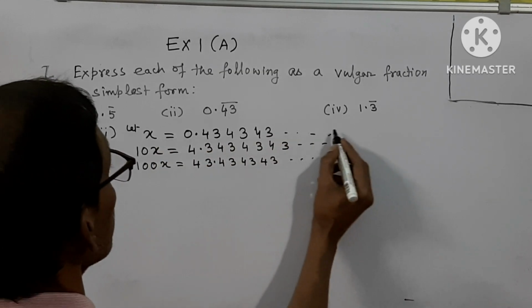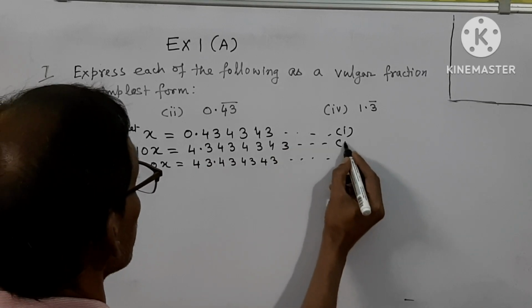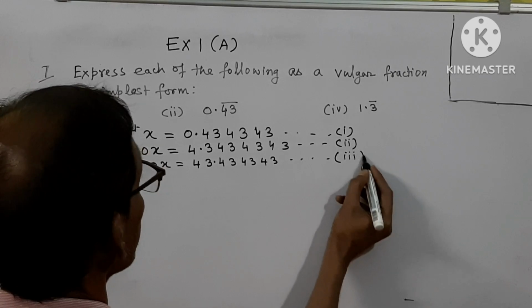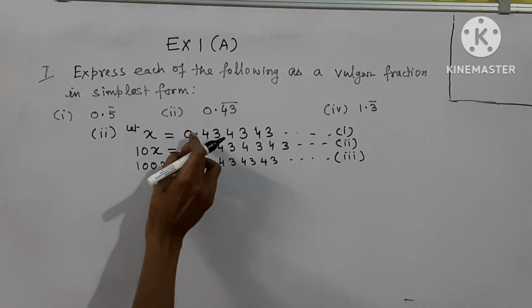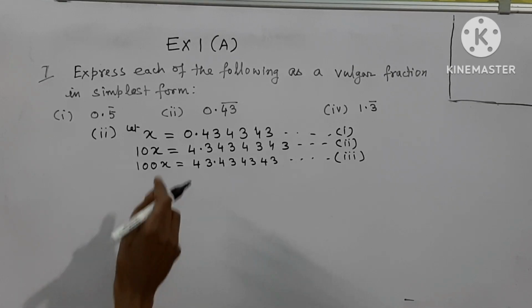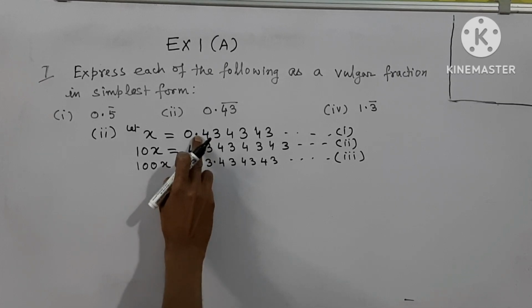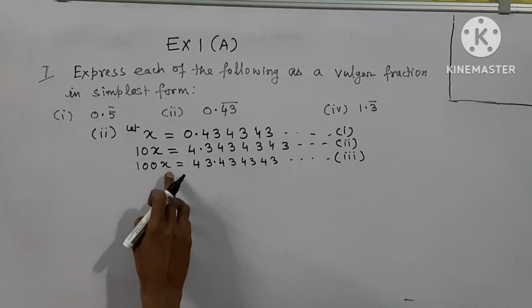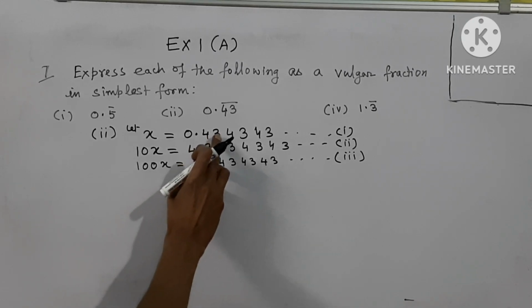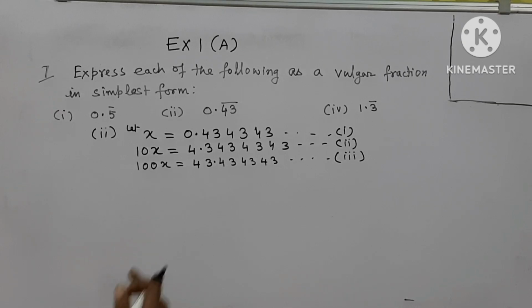If I call this equation 1, this one equation 2 and this one equation 3, I can see the right side of the decimal in equation 1 and equation 3 are the same. That means 434343, here also 434343 and so on.